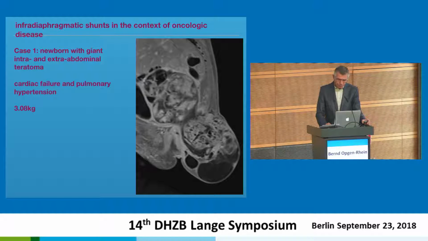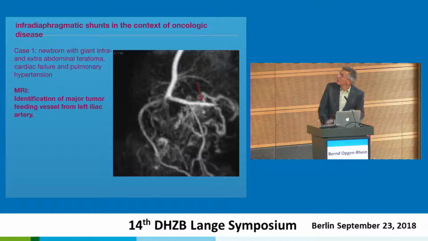And during MRI, which had been done preoperatively, we found a major feeding vessel to the abdominal part of the teratoma, and we are asked by our pediatric surgery department to help with closure preoperatively to get a better cardiorespiratory status and to diminish bleeding during the operation.